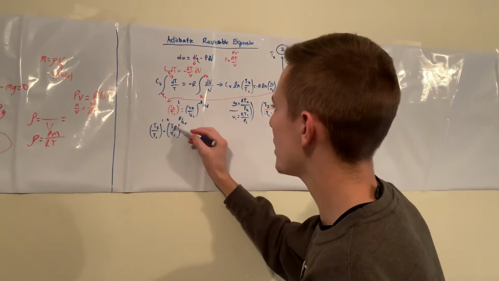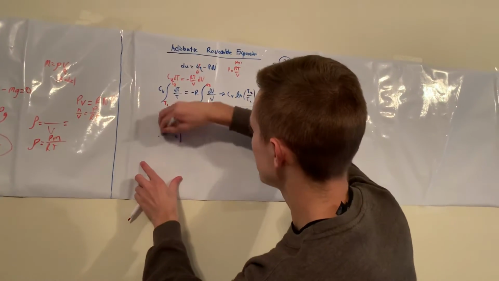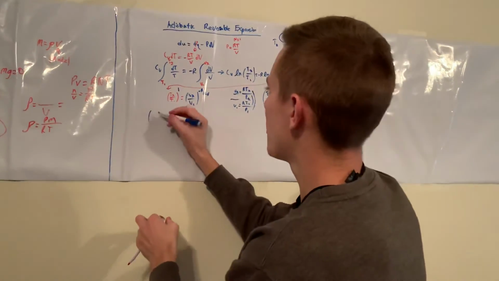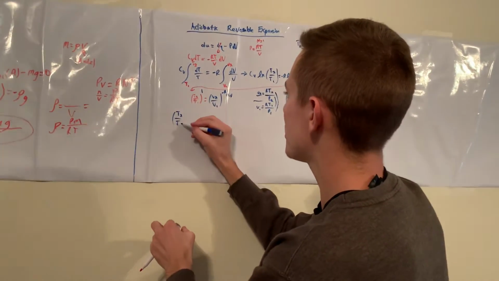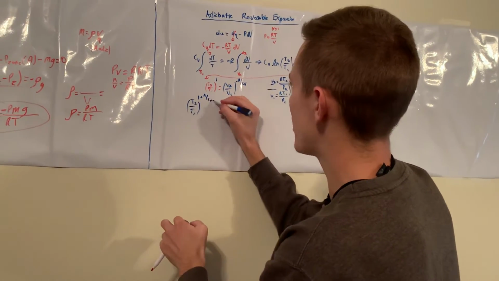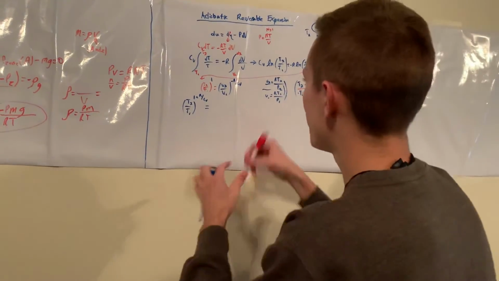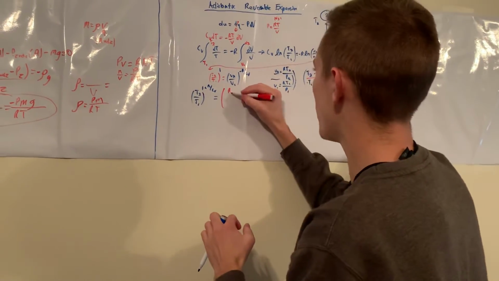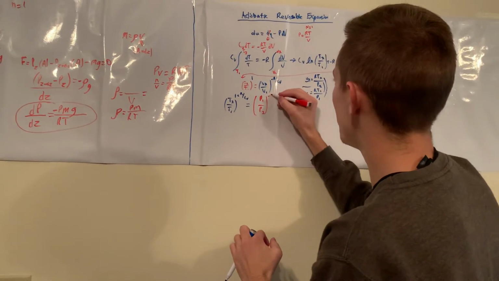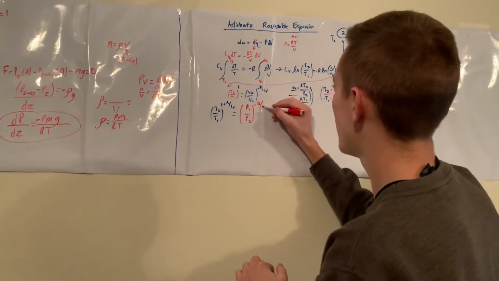You can say these are the same thing as adding exponents. So now we rewrite this with these together. So our temperature 2 over temperature 1 to the power of 1 plus our gas constant over our heat of vaporization. Okay, and then that leaves our pressures by themselves. So our pressure 1 over pressure 2 to the negative gas constant R over our heat of vaporization.